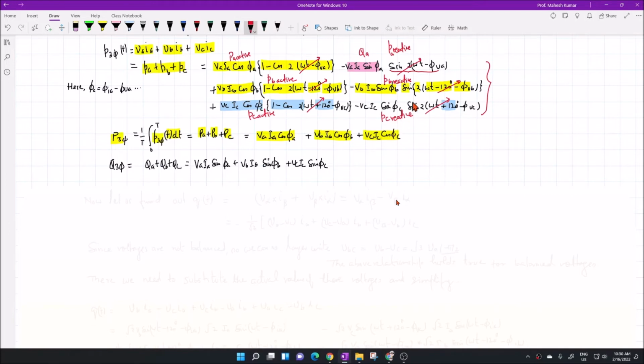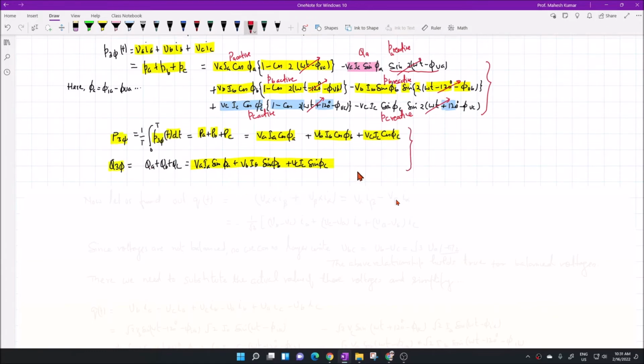So if we add the peak values of the reactive terms, we get V_A I_A sin phi_A plus V_B I_B sin phi_B plus V_C I_C sin phi_C. This is three-phase reactive power, and this is three-phase active power.